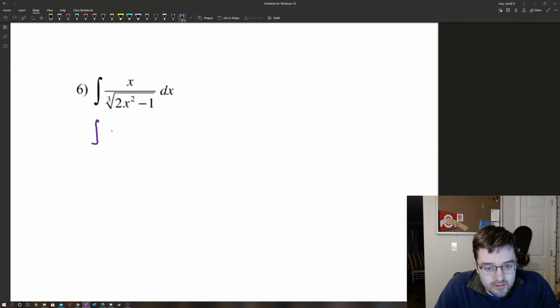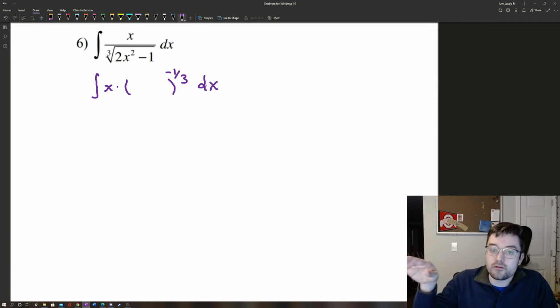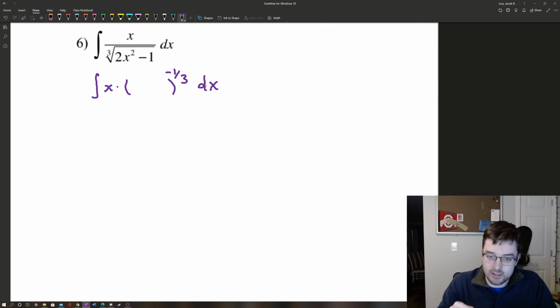We could start doing U-substitution, but we really need to start rewriting this so it looks a little bit nicer, and then we can apply U-substitution. This should be old news for you by now. If something looks nasty, rewrite it first and then start using your methods for integration or derivatives. So that's a -1/3 power on that cube root of 2x squared minus 1 that's in the denominator. Hopefully you remember that from how we rewrote derivatives.